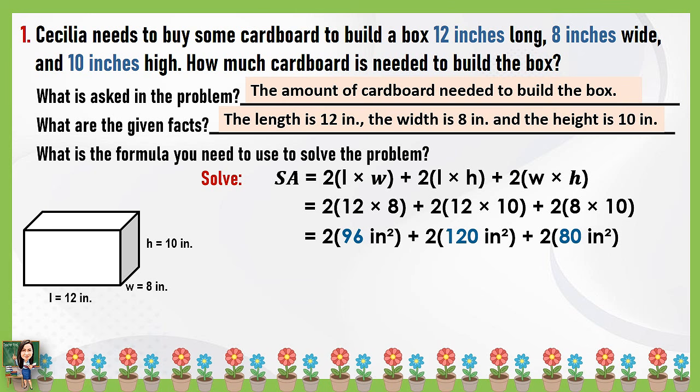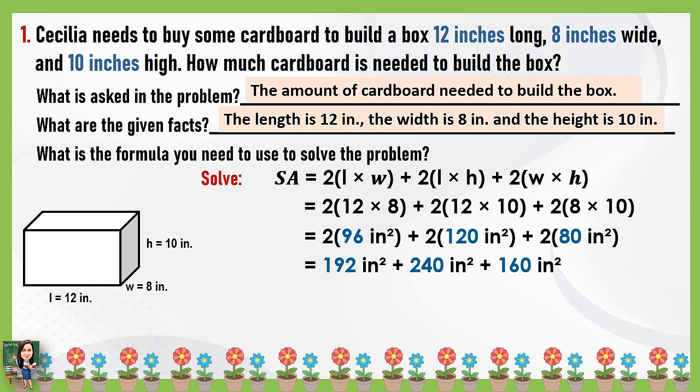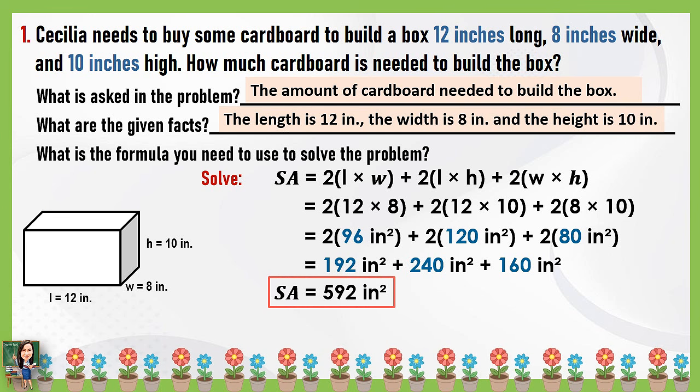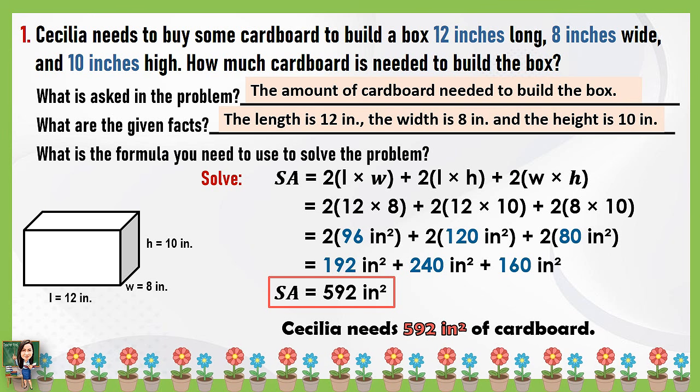Then 2 times 96 equals 192 square inches plus 2 times 120 equals 240 square inches plus 2 times 80 equals 160 square inches. The answer is 592 square inches. Cecilia needs 592 square inches of cardboard.